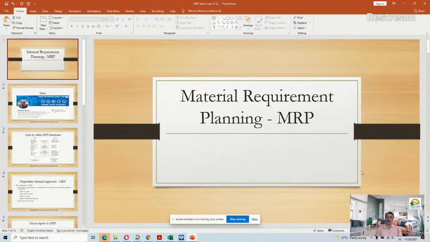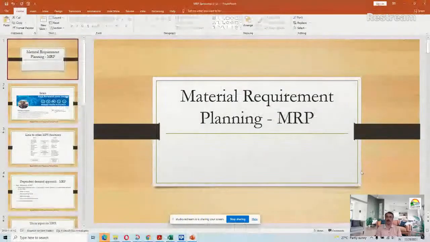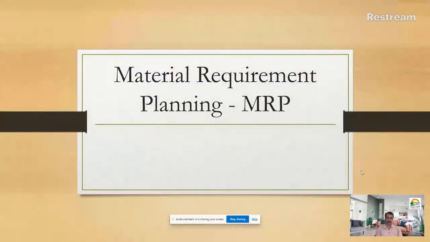For distribution type of requirement, the material planning is done generally using one more process called DRP. That is distribution requirement planning, normally used by distribution companies as well as e-commerce companies.